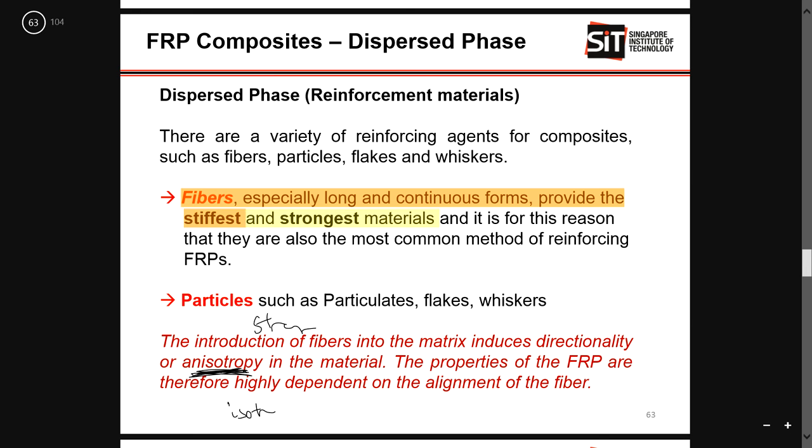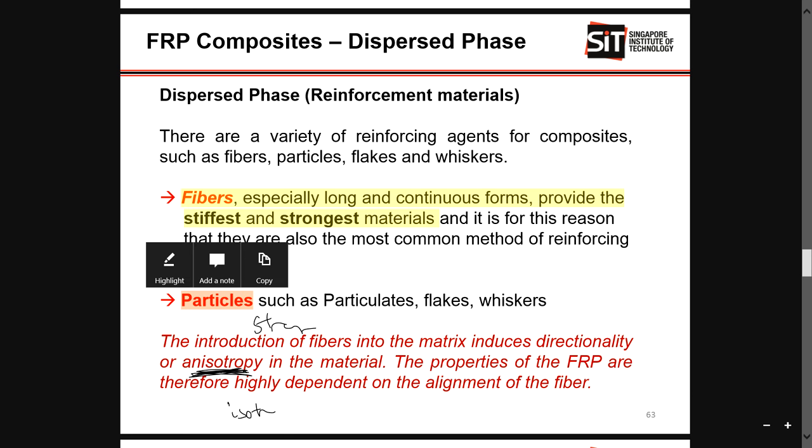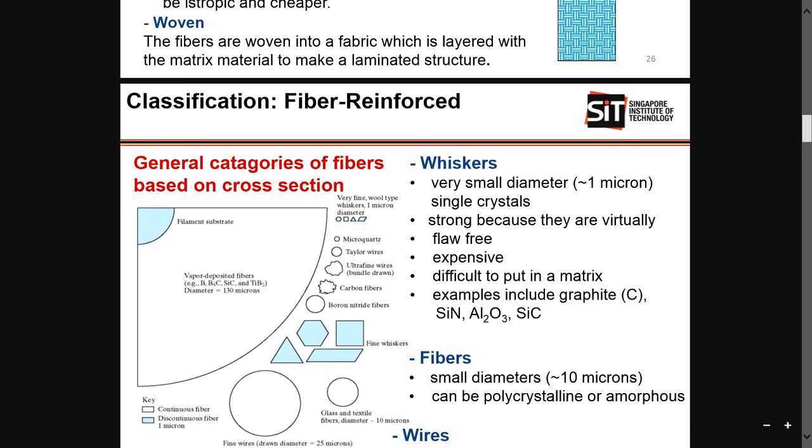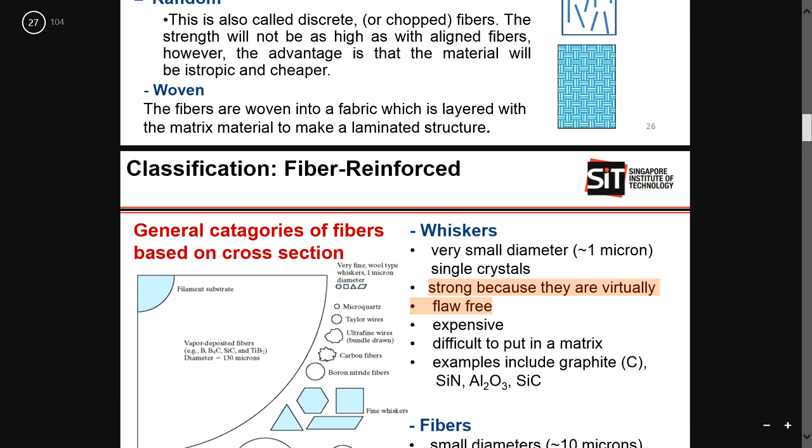So fibers are stiffest and strongest, while particles are just particles. They are much smaller than fibers, but provide better strength. Whiskers are so-called particles, and strong because they are virtually flaw free.